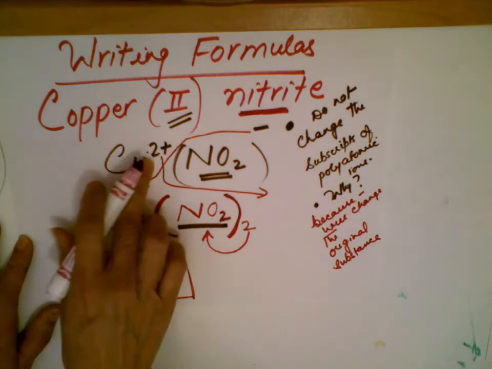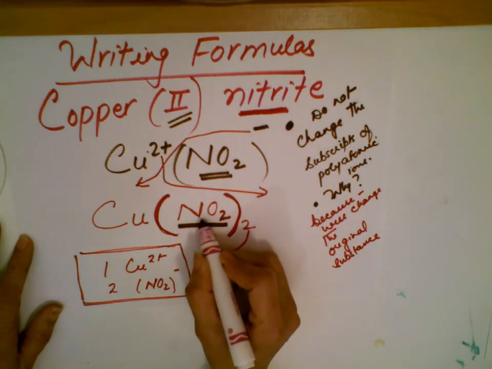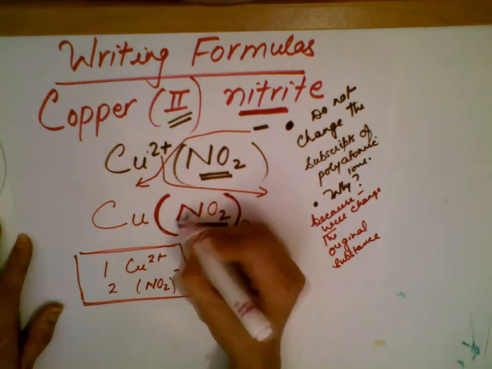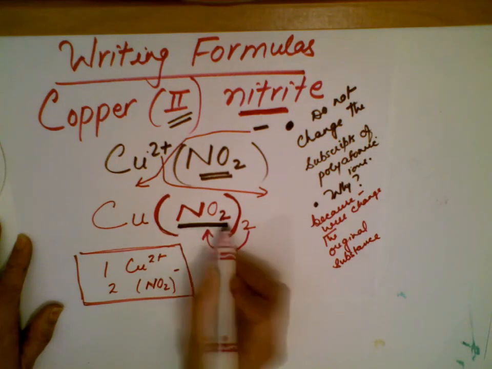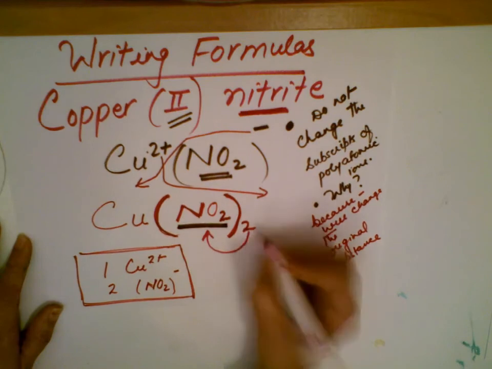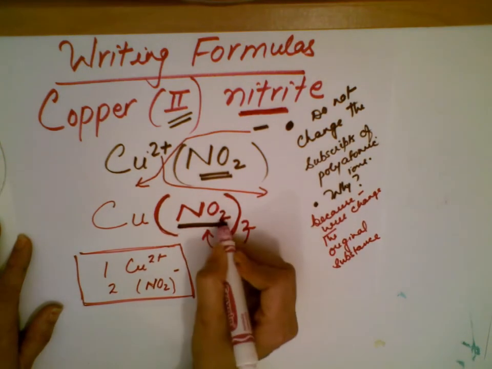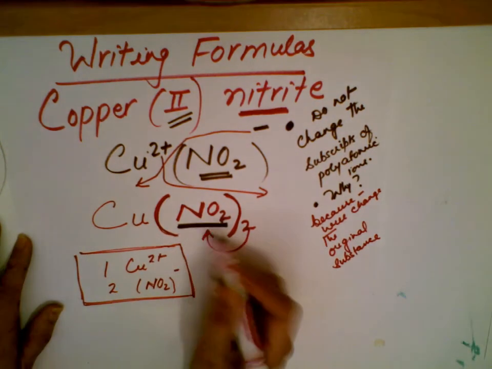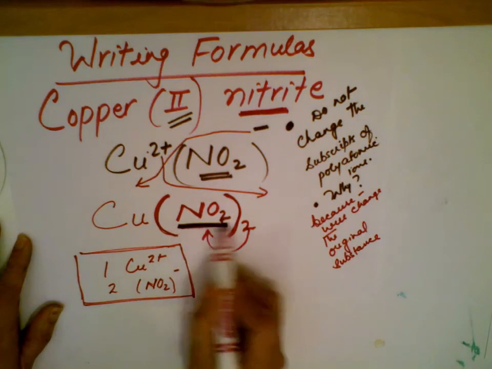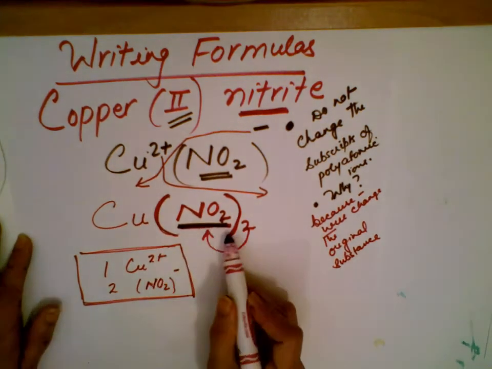If you put this 2 here, it will become 4 and this will remain 1. But no, that's not what we want. We want to keep this NO2 nitrite together. So this 2 comes outside. So when you're looking at the number of atoms, it will be 2 times 2, 4 atoms of oxygen, and 2 times 1, 2 atoms of nitrogen. That's what this nitrite ion is here. So you have copper nitrite.